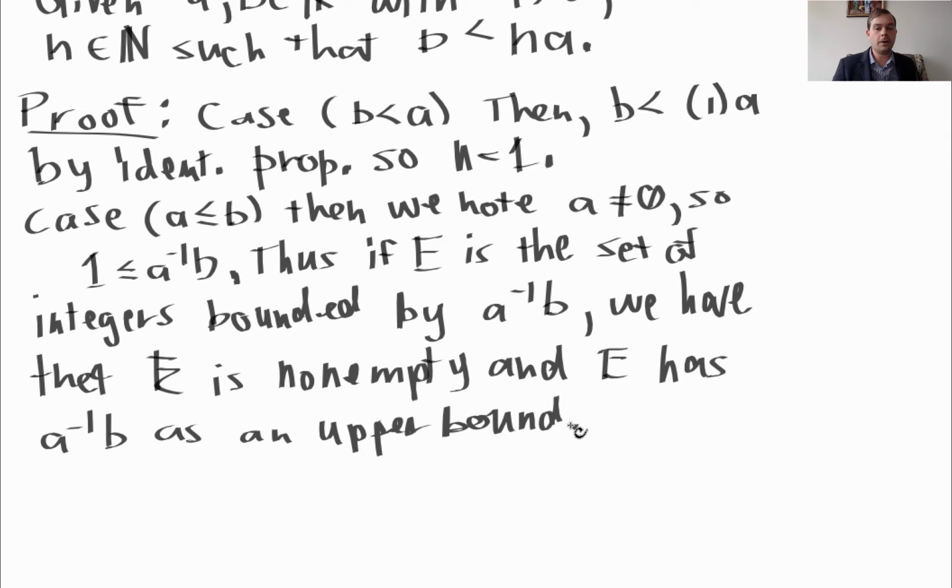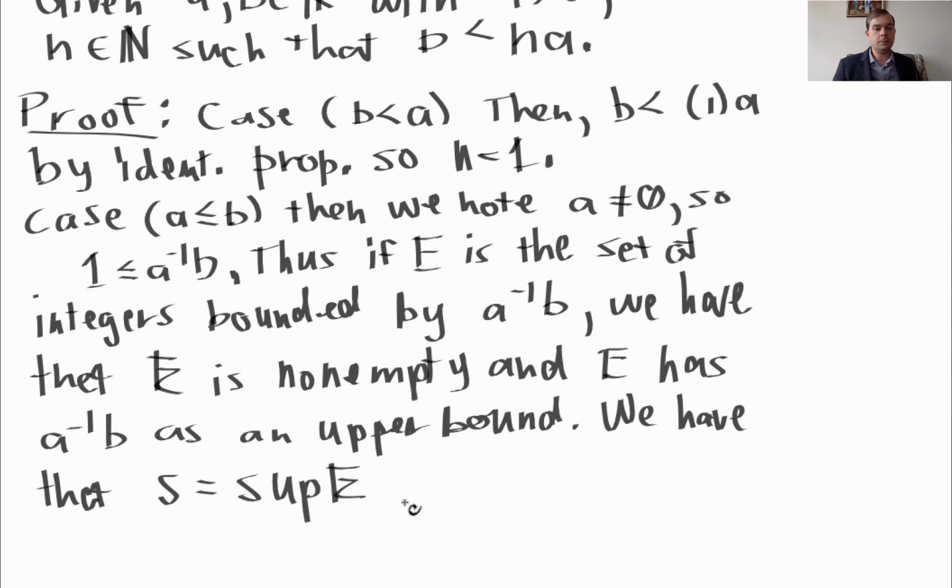By our theorem regarding the supremum of subsets of integers, we have that S, which is equal to the supremum of E, is an integer, and in particular a natural number, since it has to be greater than or equal to 1, which is greater than or equal to 0.